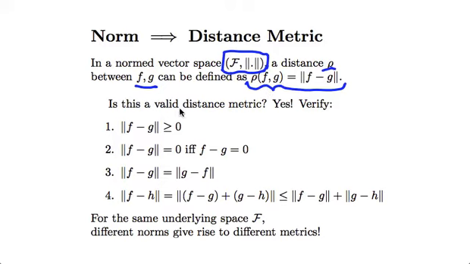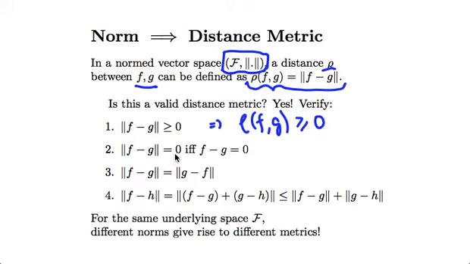Now, you might ask, is this really a valid distance metric? In the last tutorial, we saw what the properties of a distance metric were, so we can verify that these hold. Because this is a norm, we know that the norm of f minus g has to be positive, which basically implies that rho of f comma g is always positive.